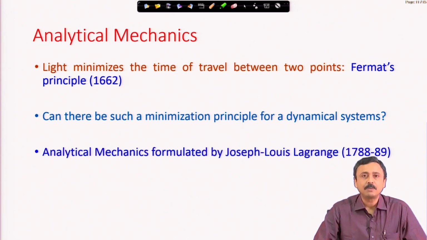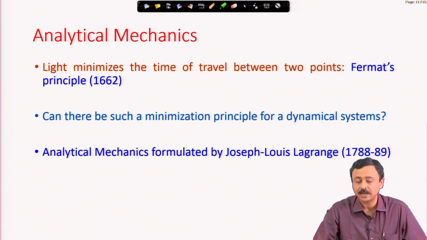This was answered by the analytical mechanics formulation by Joseph Louis Lagrange, and this was done around 1788-89. It was in 2 volumes that Lagrange published his magnum opus, which had the title Mécanique analytique, and from here started the formulation of analytical mechanics or analytical dynamics.